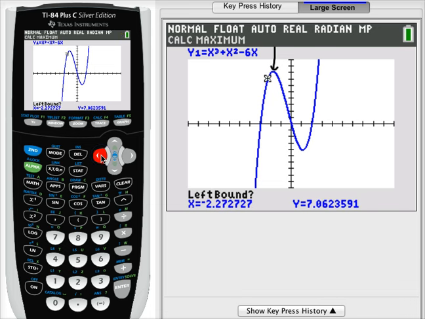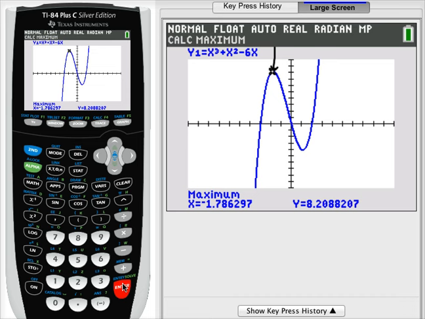And when I'm anywhere to the left of it, I'm just going to hit enter. Then it asks me for the right bound. So now I'm just going to scroll right until I'm anywhere to the right of it. Hit enter again. And it's telling me, is that my guess? When it says guess, all you have to do is hit enter one more time. And boom, there it is.